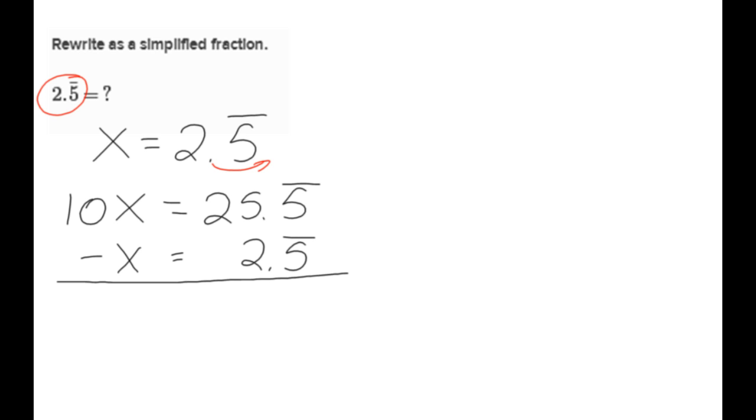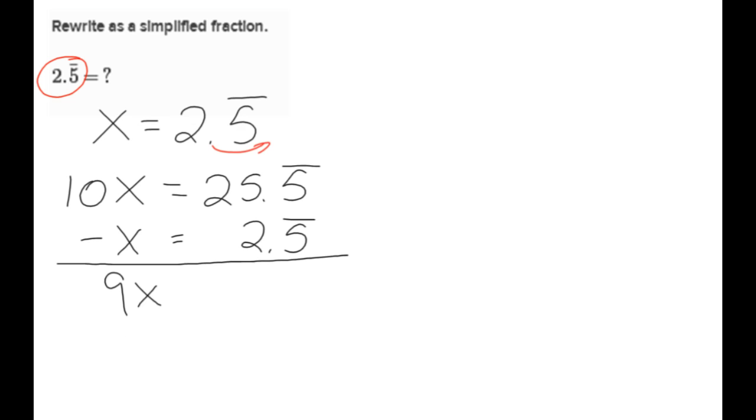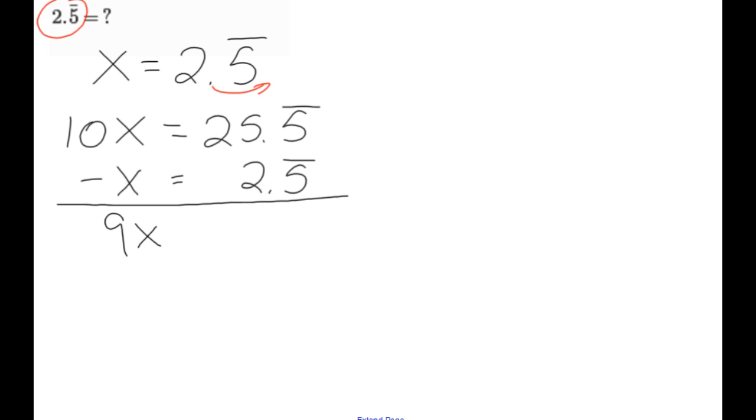I can subtract now. 10x minus 1x is 9x. And then 25.5 minus 2.5 is 23. Divide both sides by 9. My answer is 23/9. You could write it as a mixed number, and that would be 2 and 5/9.